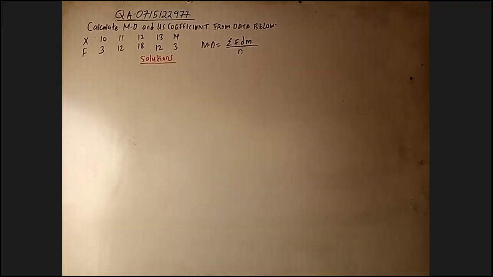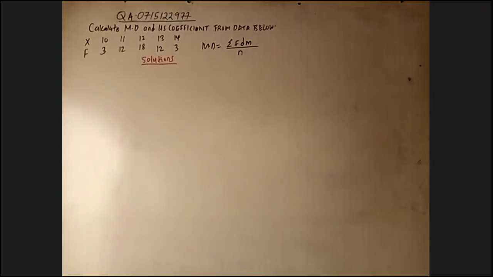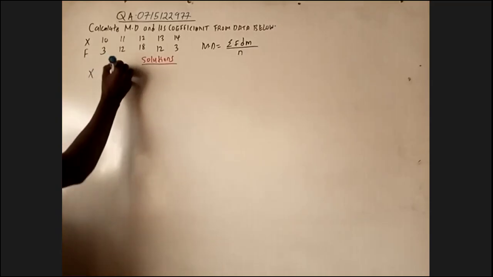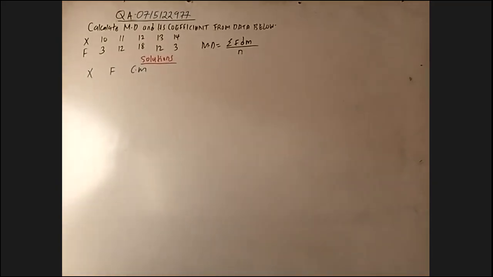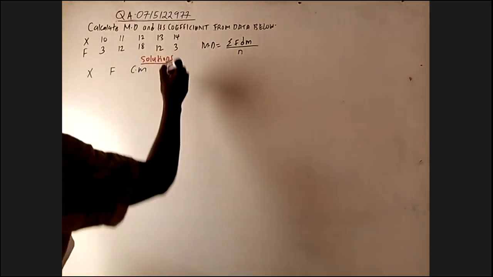Now let us solve. So we have X, F. We need to find the cumulative frequency. Why are we finding cumulative frequency? Because of finding the median. Then you need to find DM.